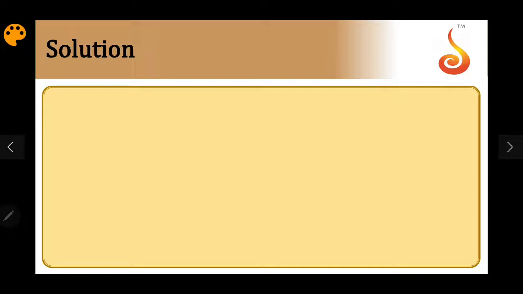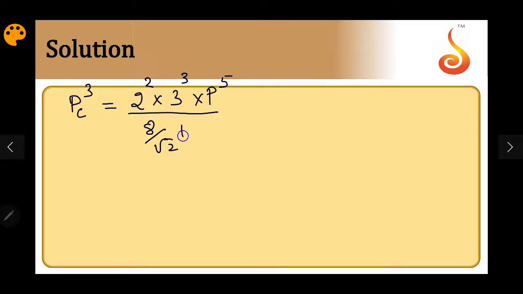So what can I write? PC whole cube is equal to Kp, that is 2 squared 3 cube P to the power of 5, whole divided by (8 by root 2 into P) whole squared.